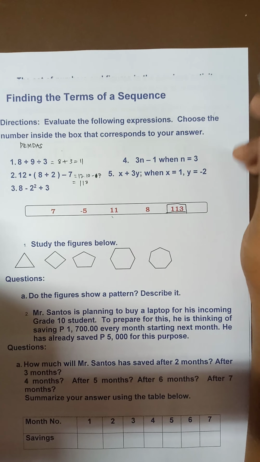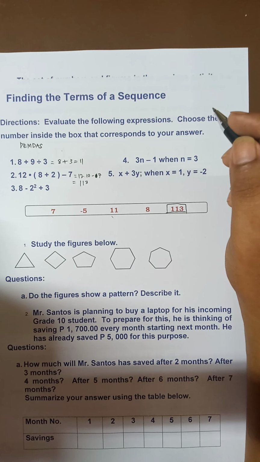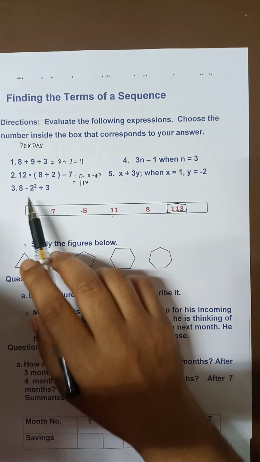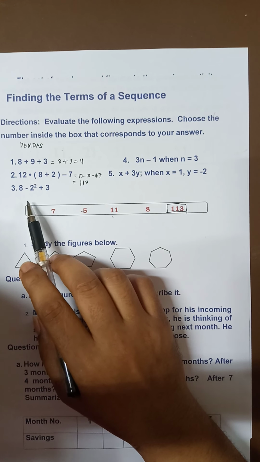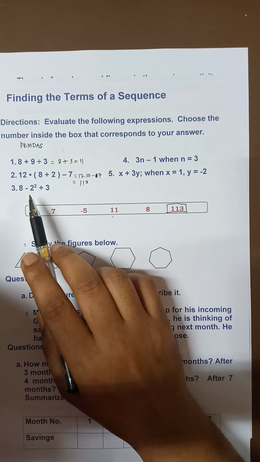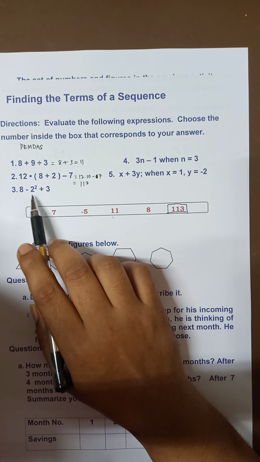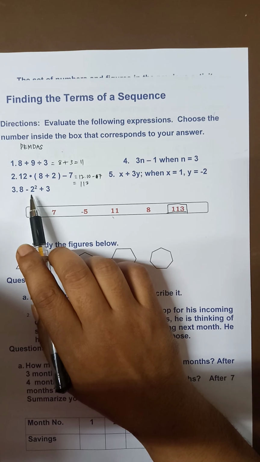Example number 3. 8 minus 2 squared plus 3. As you have seen, there is an exponent above the 2. So what we're going to do is to make the solution first with 2 squared.